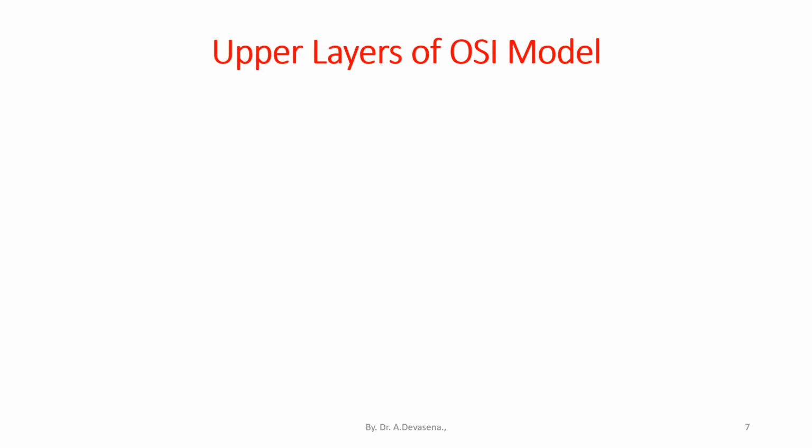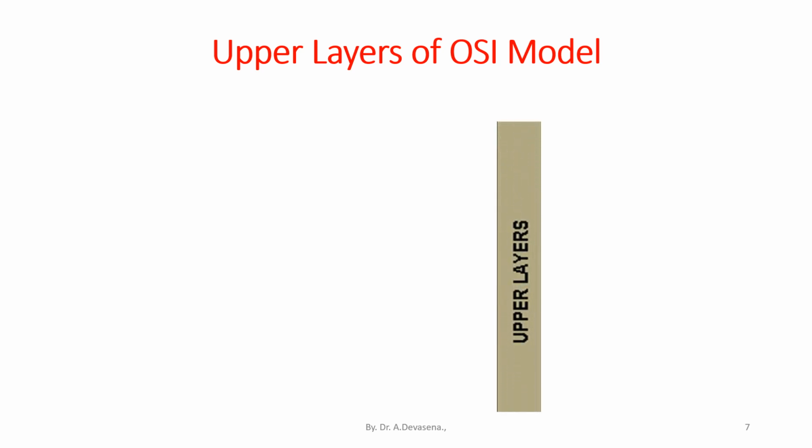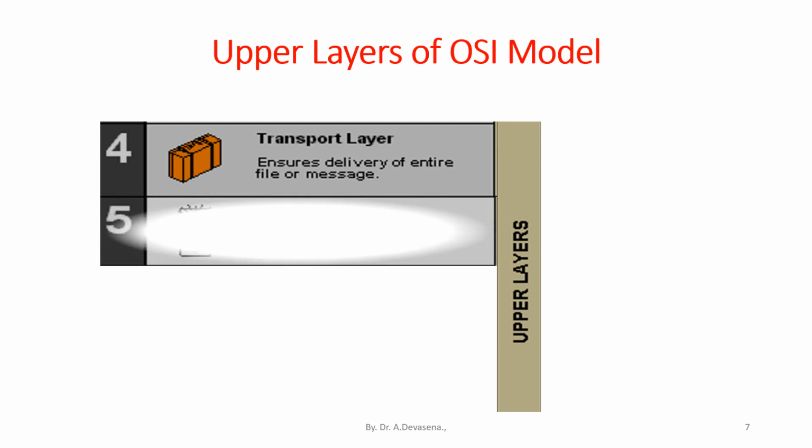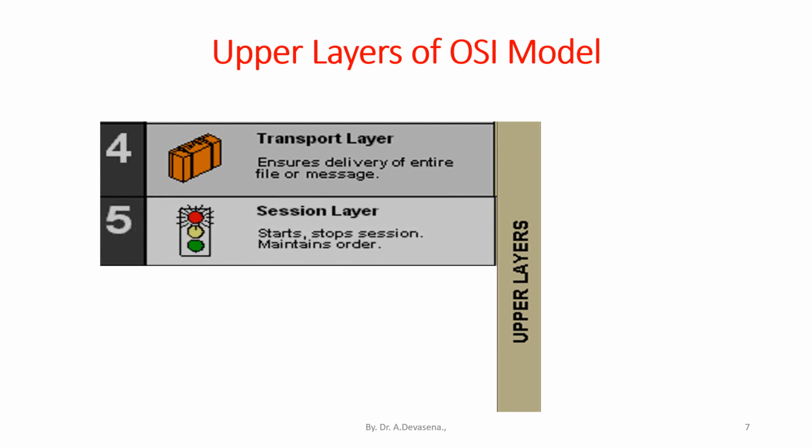Let us see the upper layers of the OSI model. Layer 4 is the transport layer. It ensures delivery of the entire message or file. Layer 5, session layer, starts and stops sessions and maintains order.